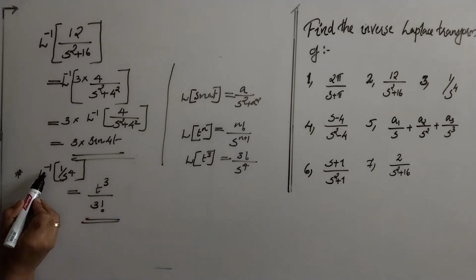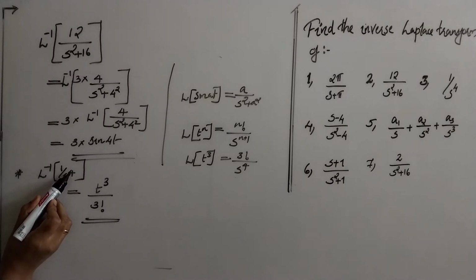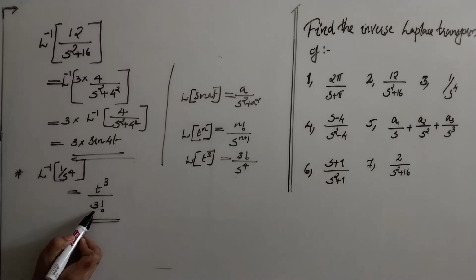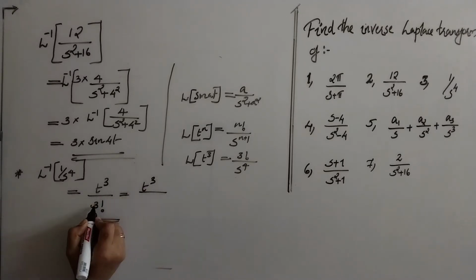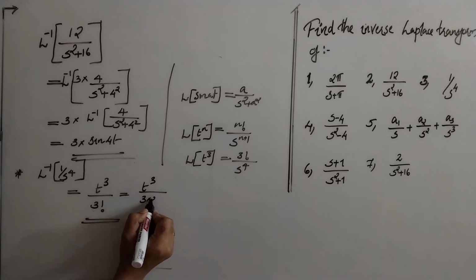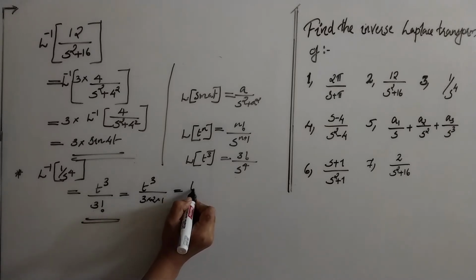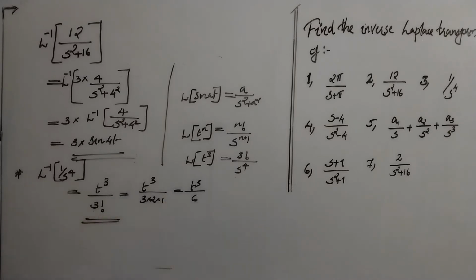So inverse Laplace transform of 1 by s raised to 4 is t cube divided by 3 factorial. Next, you can write it as t cube divided by 3 factorial, which is 3 into 2 into 1. That is t cube divided by 6.